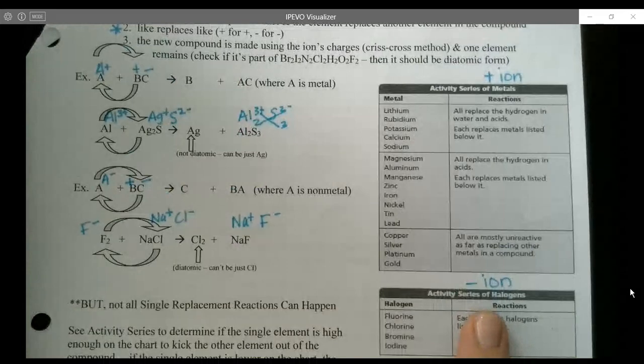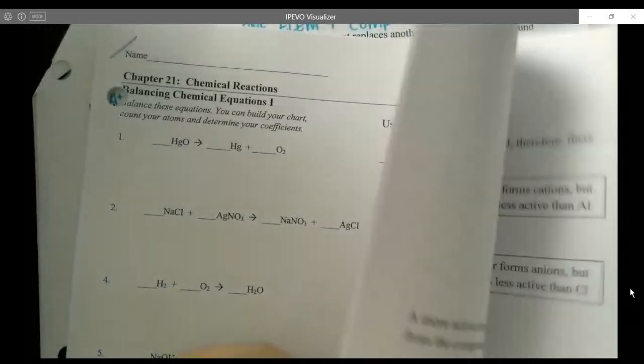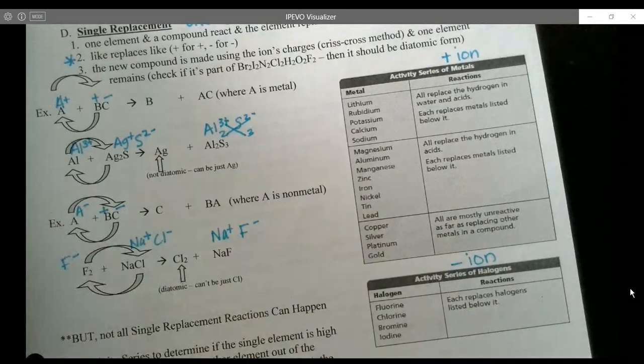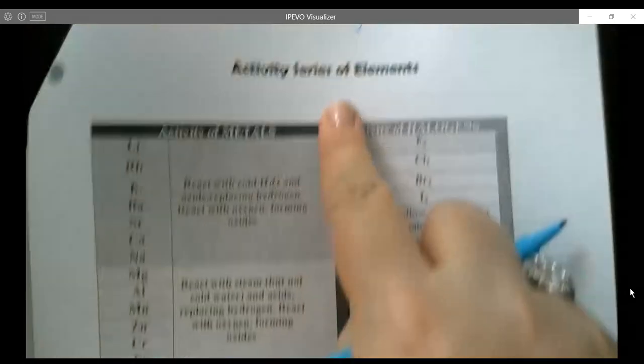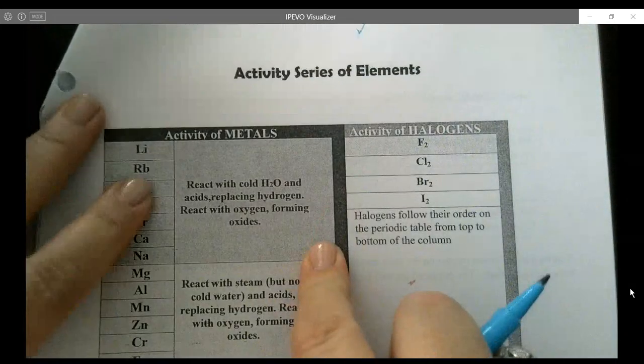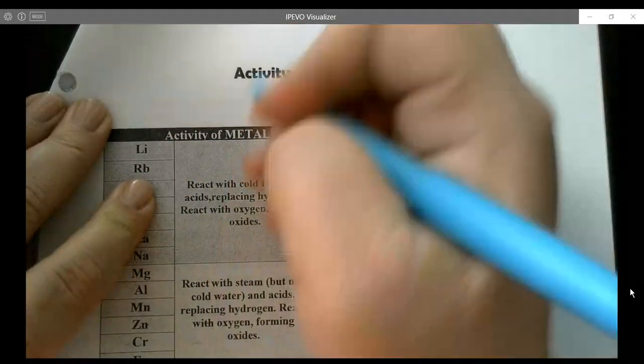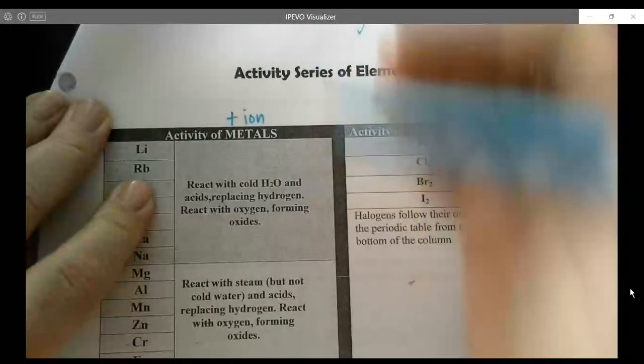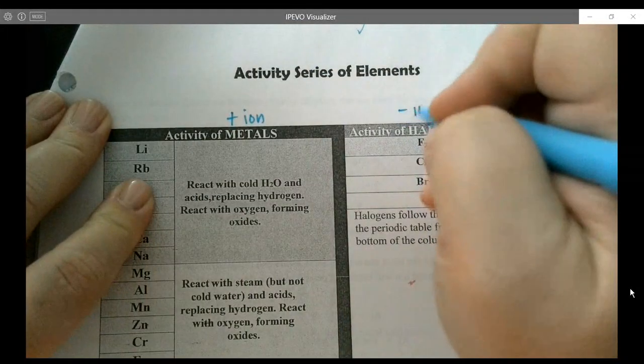Or you can also flip in your packet to page 11. And on page 11, there's an activity series of elements. Again, this activity series here would be if you're a positive ion, and this column here is if you're a negative ion. Okay, and this is the list of activity.